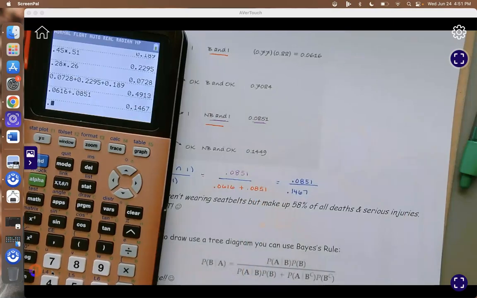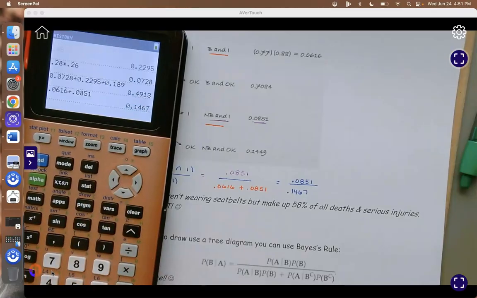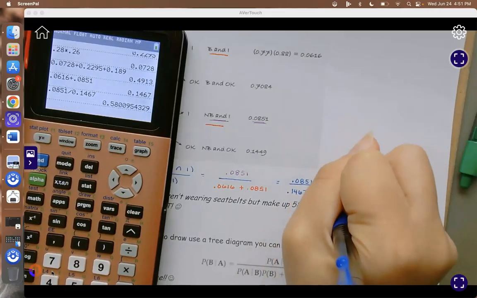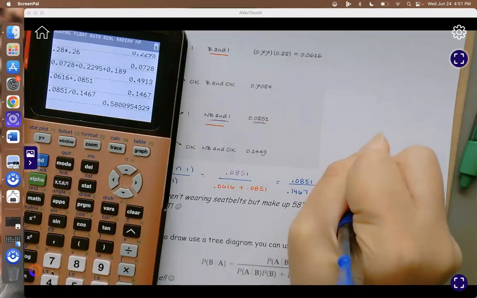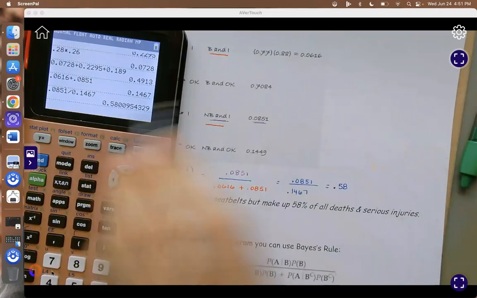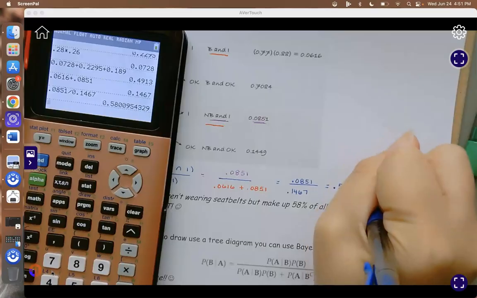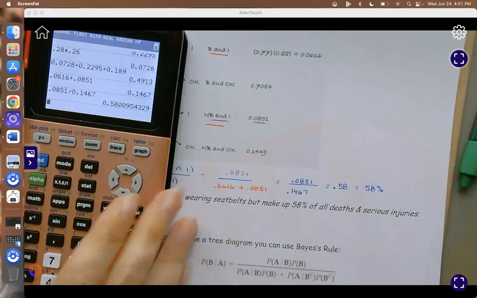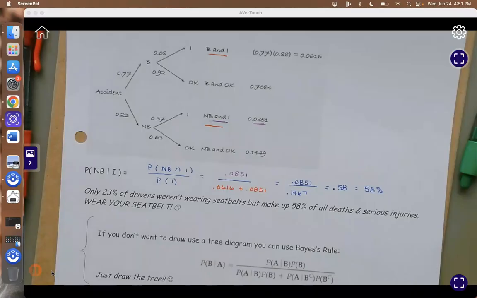So we do 0.0851 divided by that last number that we just got, and we would have 0.58. So that would mean a 58% chance that the person injured wasn't wearing a seatbelt. Okay.